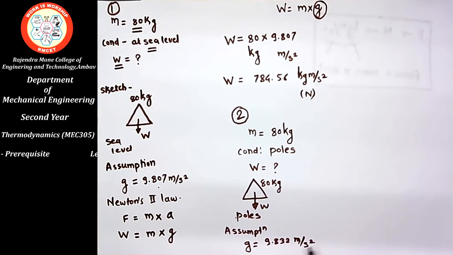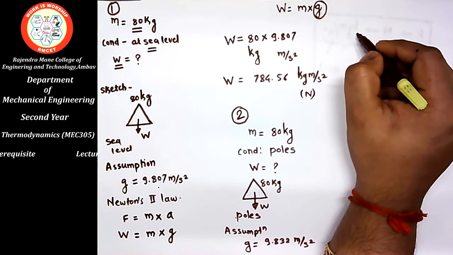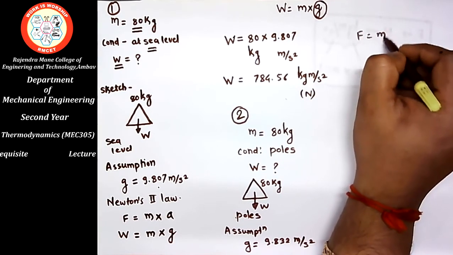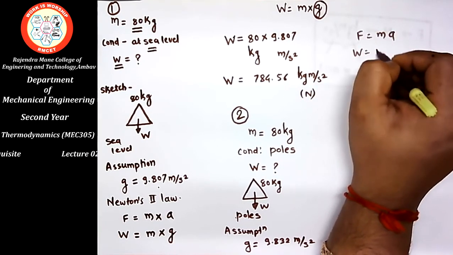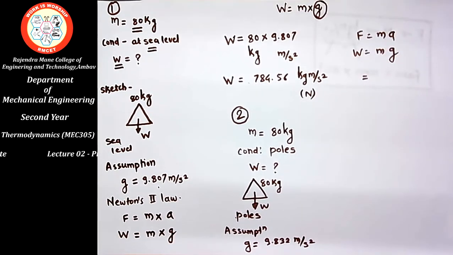Now I will apply the basic laws, that is Newton's second law. F is equal to ma, or W is equal to m into g. I will substitute the given data in that.